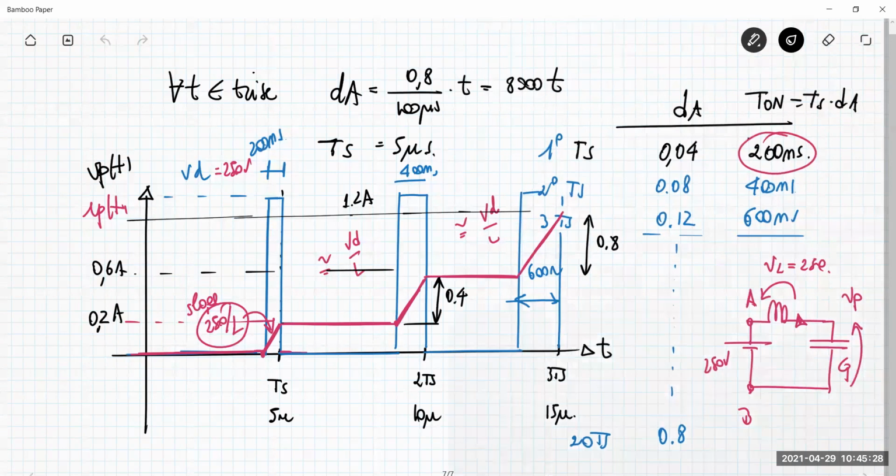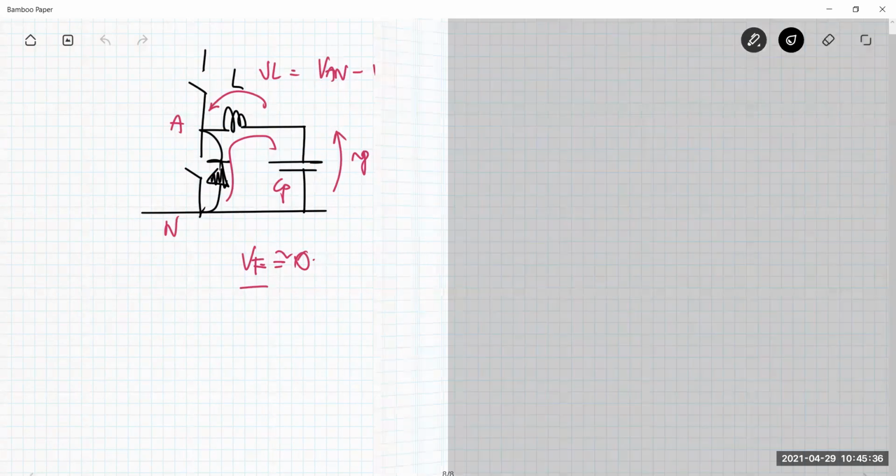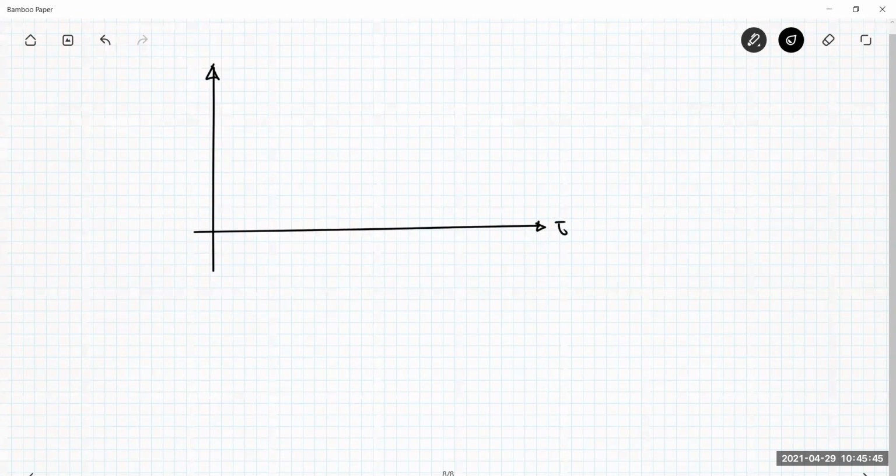What happens if you look at the complete behavior of the current with this process that I just performed for the three steps that I showed you in the previous slide?